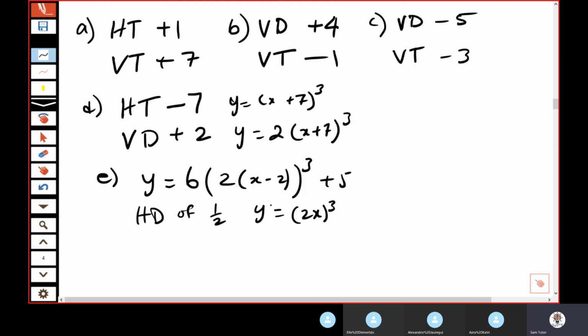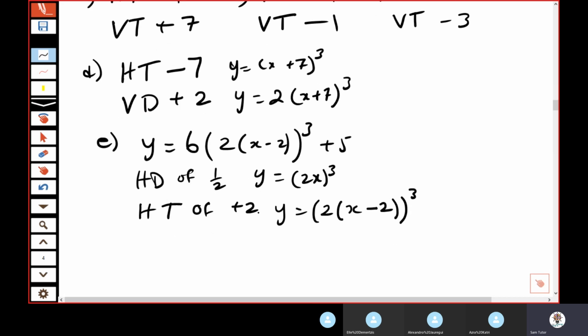Then we're going to move it -2. So we're going to do a horizontal translation of +2. We're getting close. Now you're going to times it by 3.